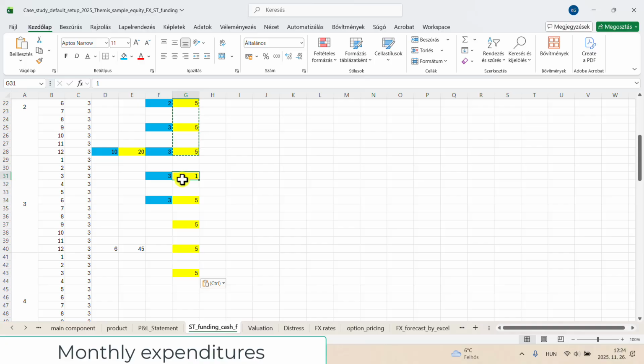And then that's a big jump, so let's say 10, then 12, 12.